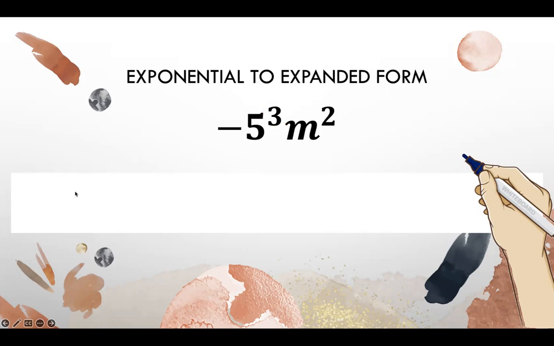So we can simply write negative, and the only number that is being raised by 3 is 5, which means 5 is our base. So we can write it as the quantity of 5 times the quantity of 5 times the quantity of 5. Again, you need to be careful. Negative should not be included in the parentheses since it is not being raised by an exponent.